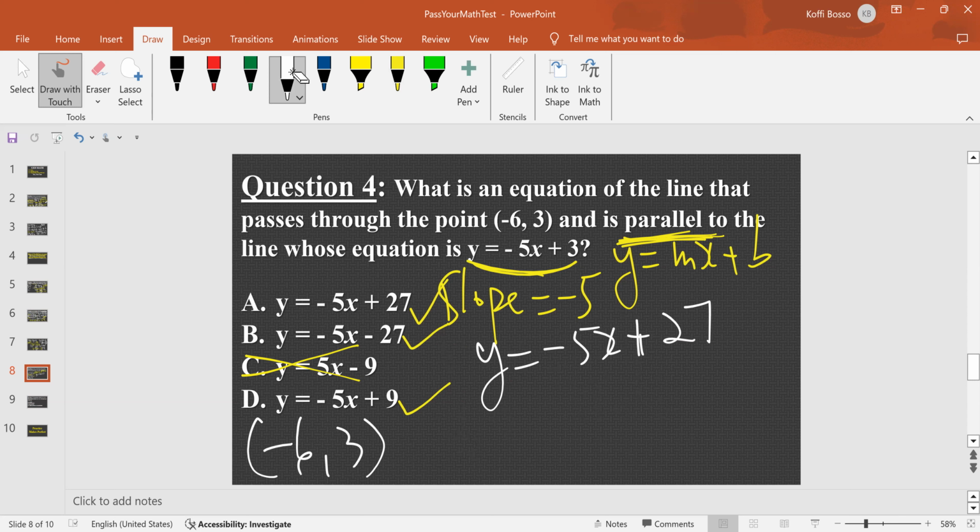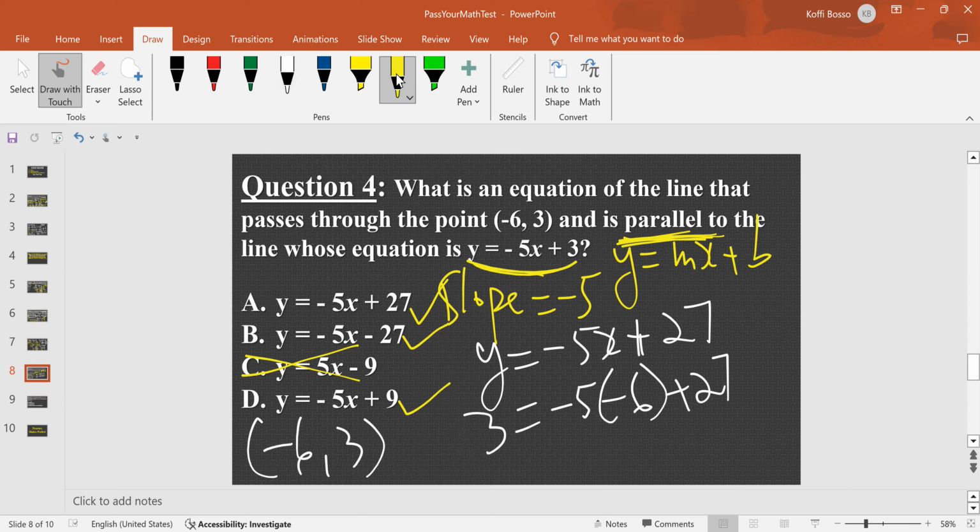Suppose I replace y by 3, which is the y coordinate of the point, and I replace x by negative 6, plus 27. Can we say that 3 is equal to negative 5 multiplied by negative 6 plus 27?